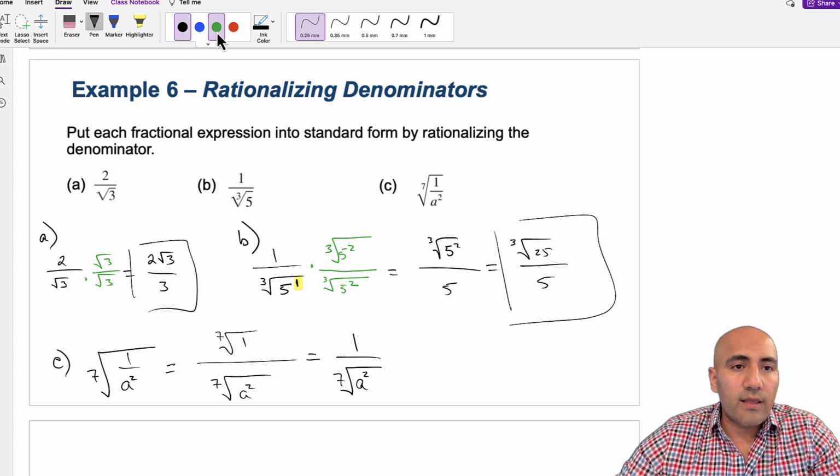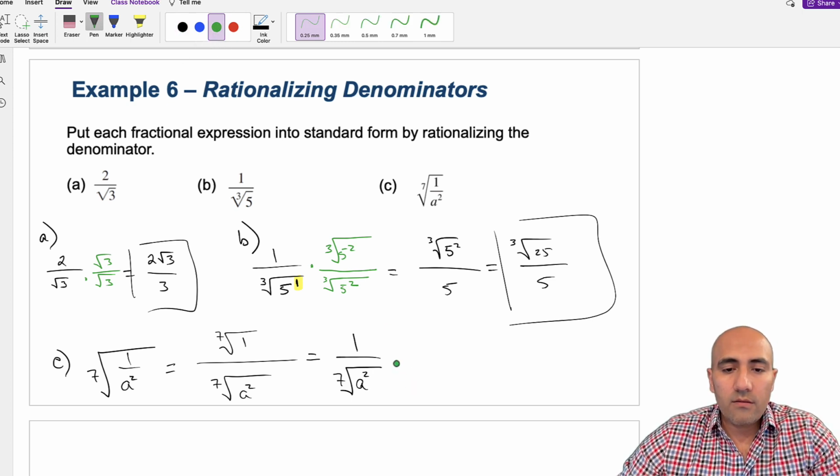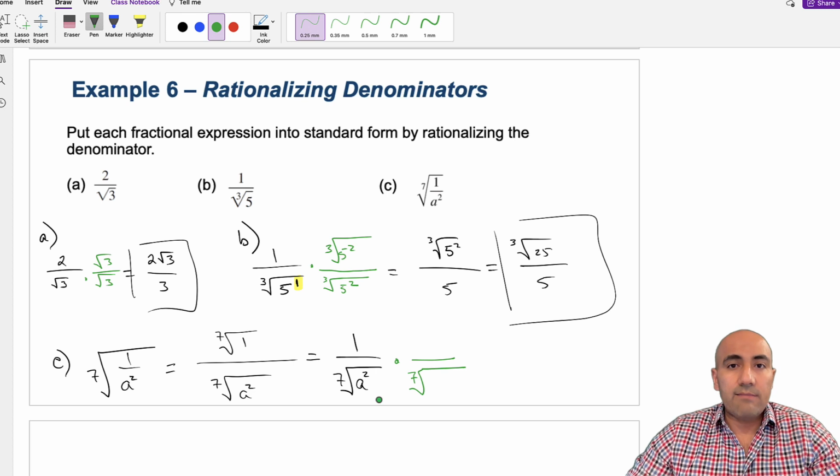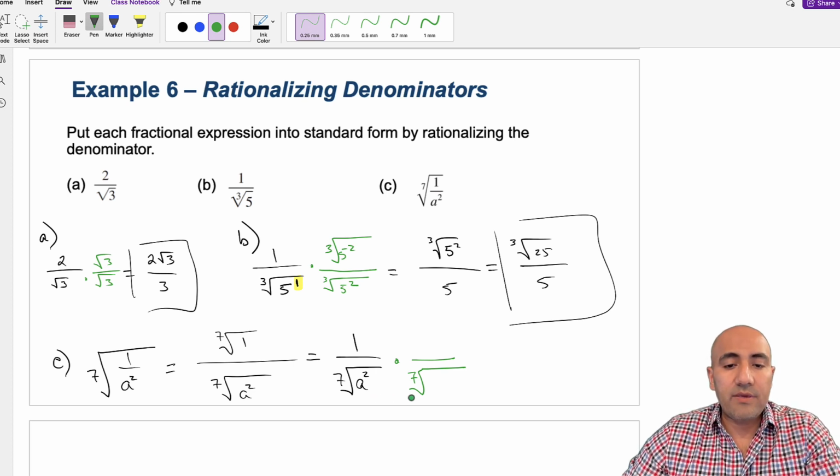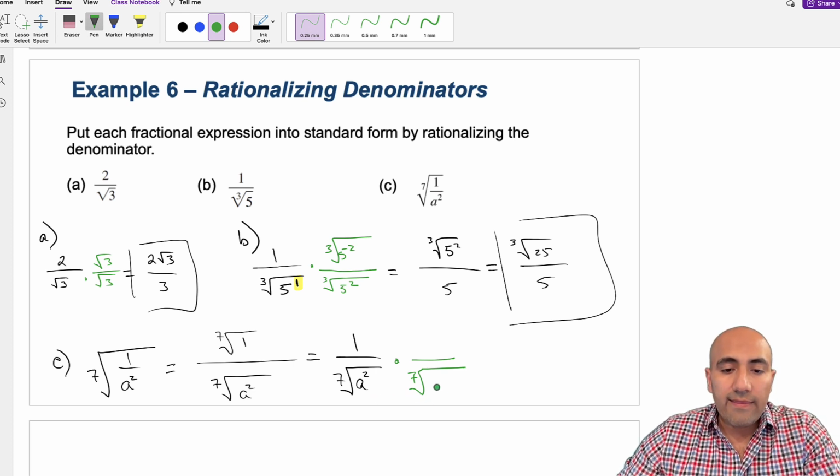So we're going to multiply by a new version of 1, and I want it to have an index of 7 so that they can come together as one big happy 7th root. And then we want a to the power of 7 minus 2, or 5. I need them to add up to 7. Good, so whatever you do to the denominator, you must do to the numerator.